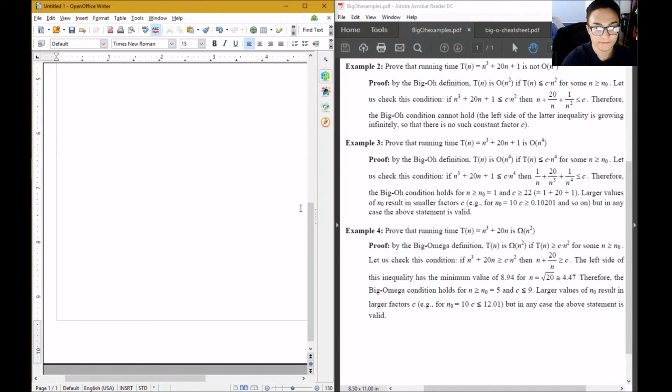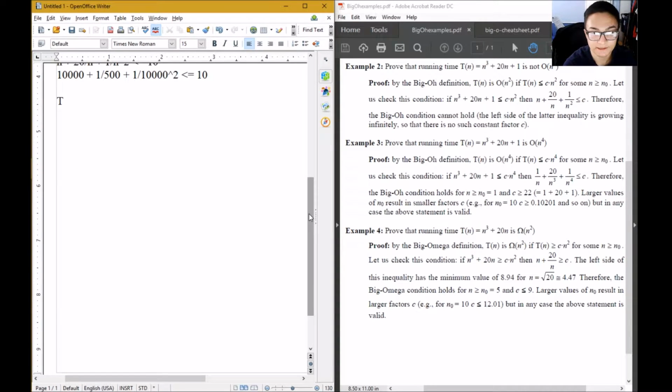Let's say T of n is equal to n to the 7th plus 64 n to the 5th is big omega of n to the 8th. I should probably use Vim because I'm much faster with that, but too late for that.